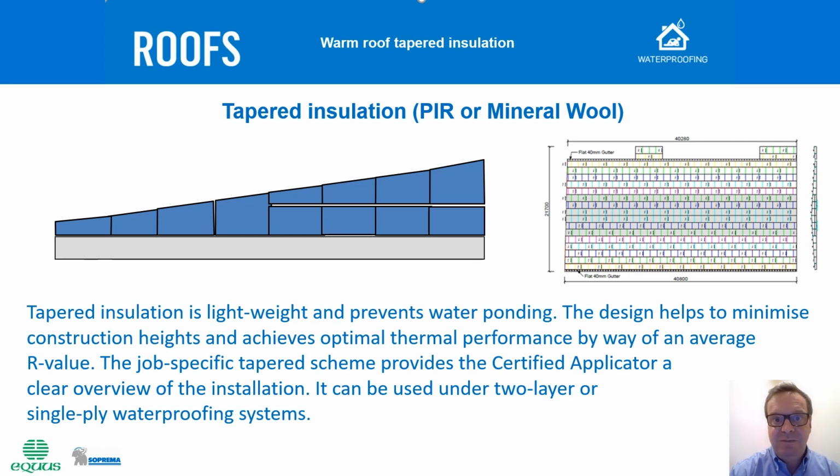The tapered scheme is actually a puzzle that uses standard boards with a certain minimum fall to come together on a plan to form the gradient and the fall that you wish on your roof. This tapered scheme is available for both polyisocyanurate and mineral wool solutions.